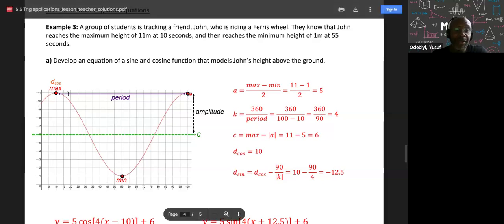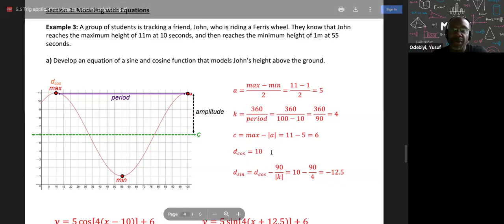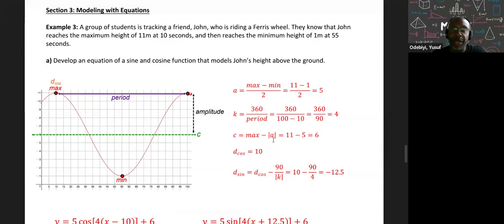So that means my period is 90: 45 to come down, 45 to come up. So my period is 90.